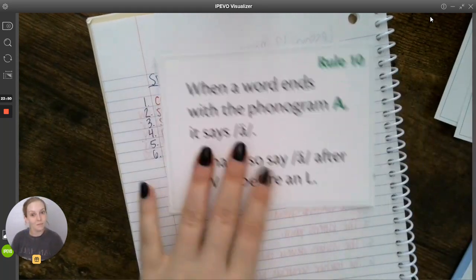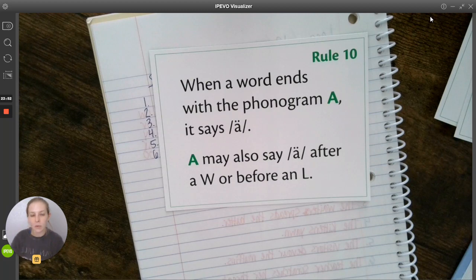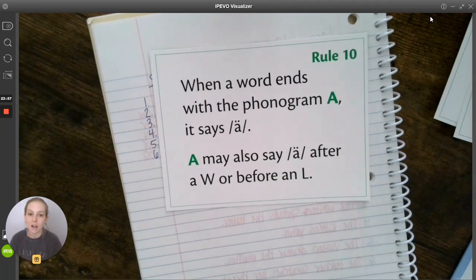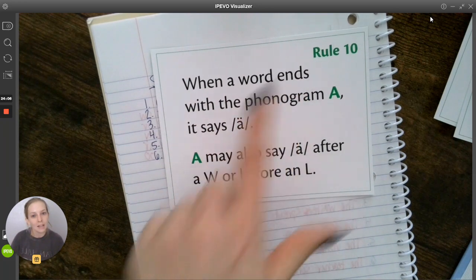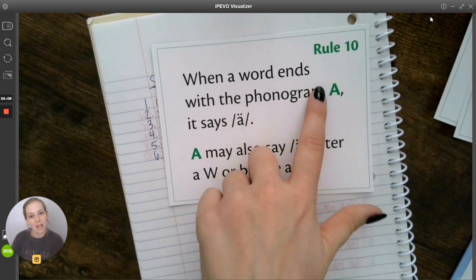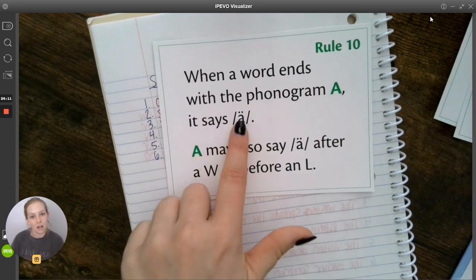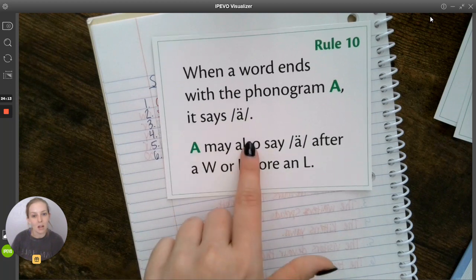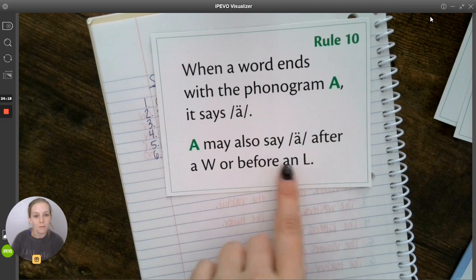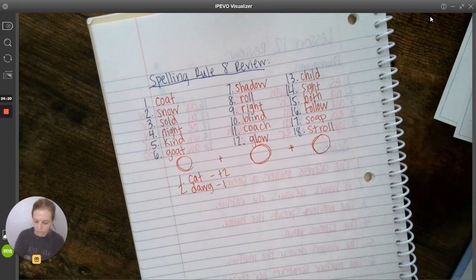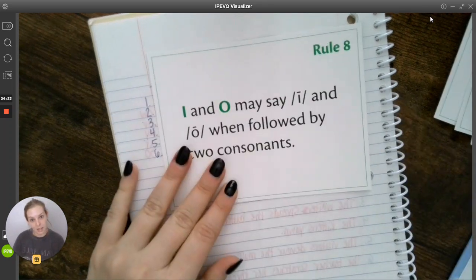Rule 10. When a word ends with the phonogram A, it says ah. A may also say ah after a W or before an L. Let's say that long one together. And spelling rule 8.